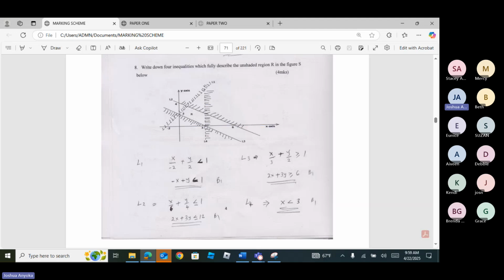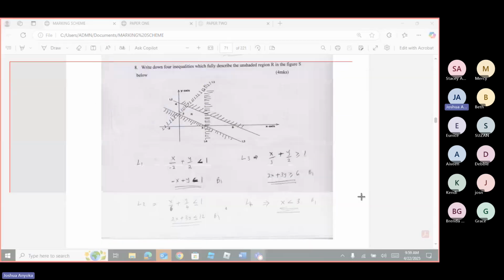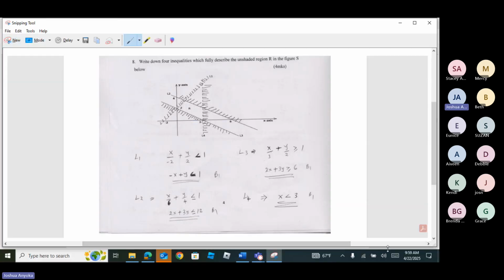Yes, here we are. You should have something like that. But let me mention something. You don't have to leave your answer in this form. Always try to give your answer in the form y is less than or equals to mx plus c, something that starts with y. That's what the examiners will easily see.